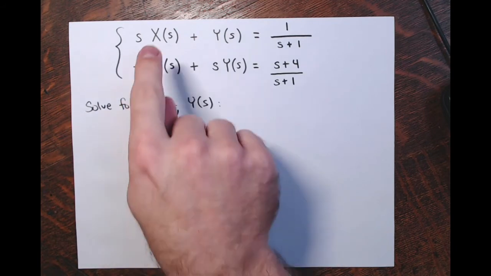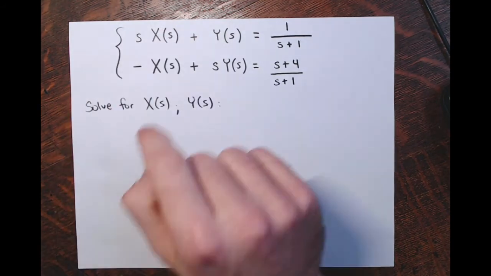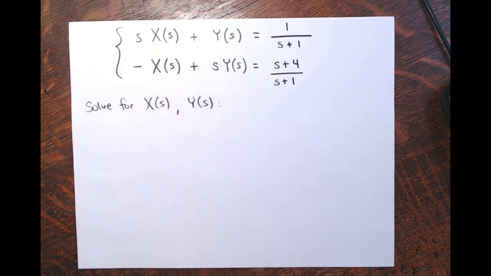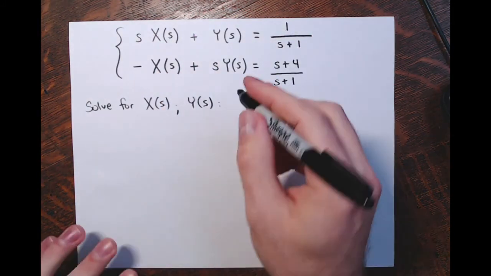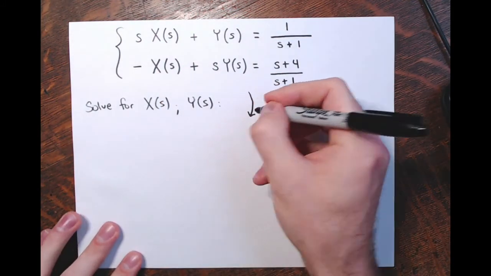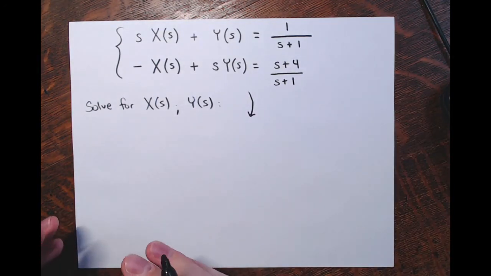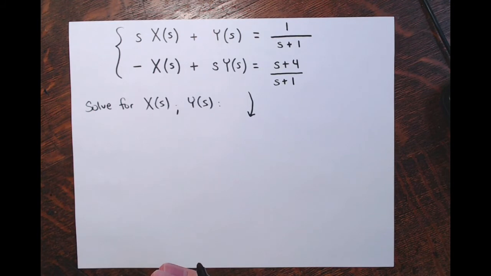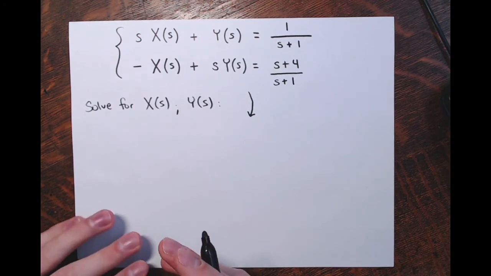So I want to replace x of s with some expression, and y of s with some expression, so that both of these are true. Just like earlier, it's just going to look a little crazier because there's going to be more letters, but it's the same procedure as earlier with Cramer's rule.